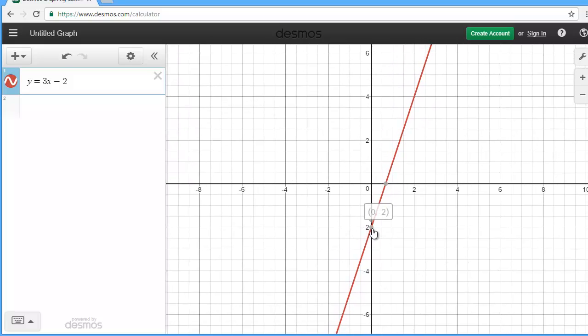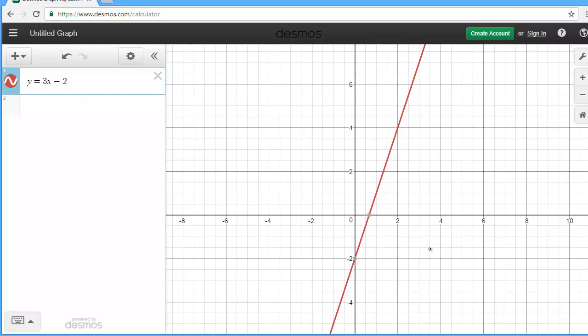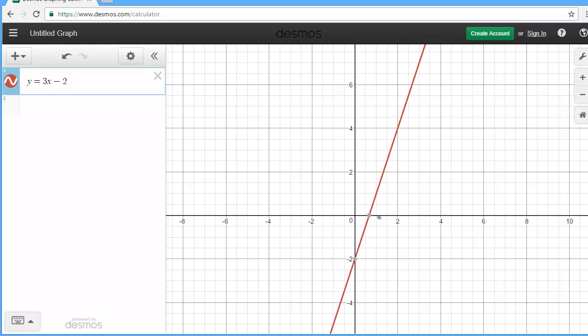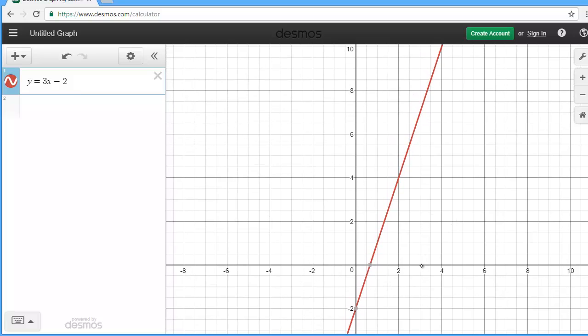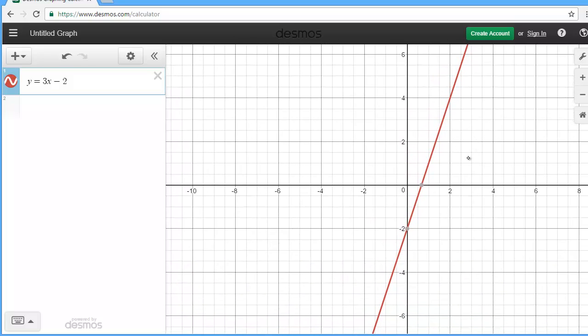At 0, we got negative 2, and of course that's a really important point, that's the y-intercept, and that always happens when x is 0. At 1, we got 1. At 2, we got 4. And when x was 3, we got 7. So all of those values work.